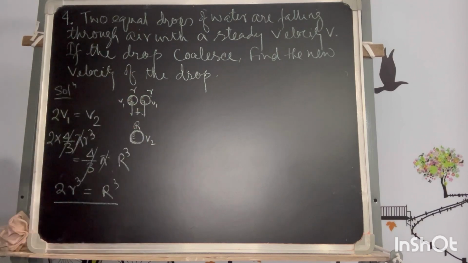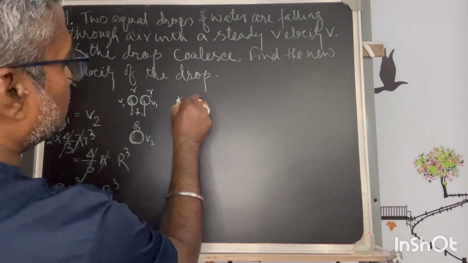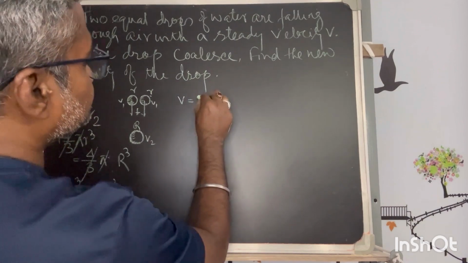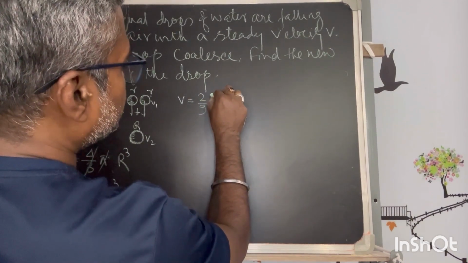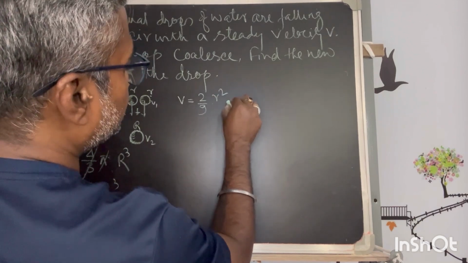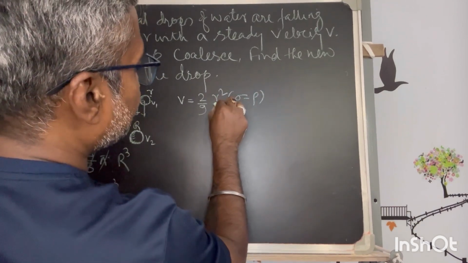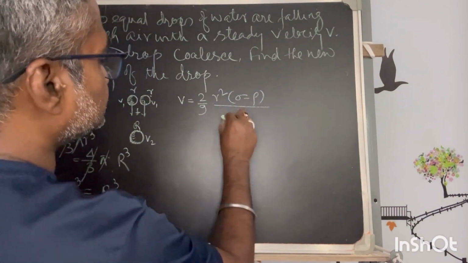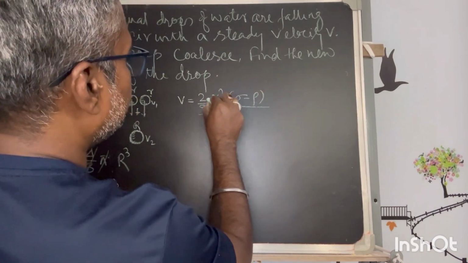Now the terminal velocity for this is v. So v will be 2/9 into r square into (rho minus sigma) g divided by eta.